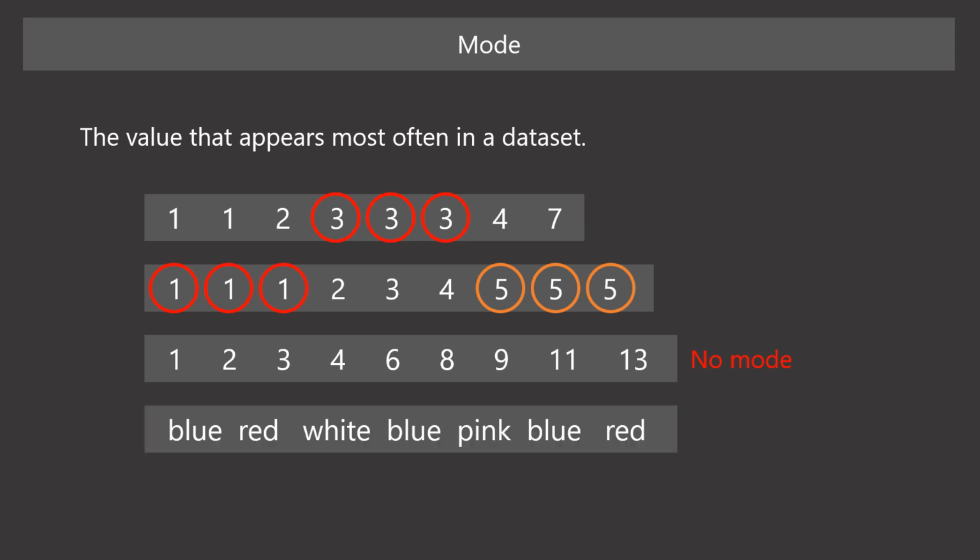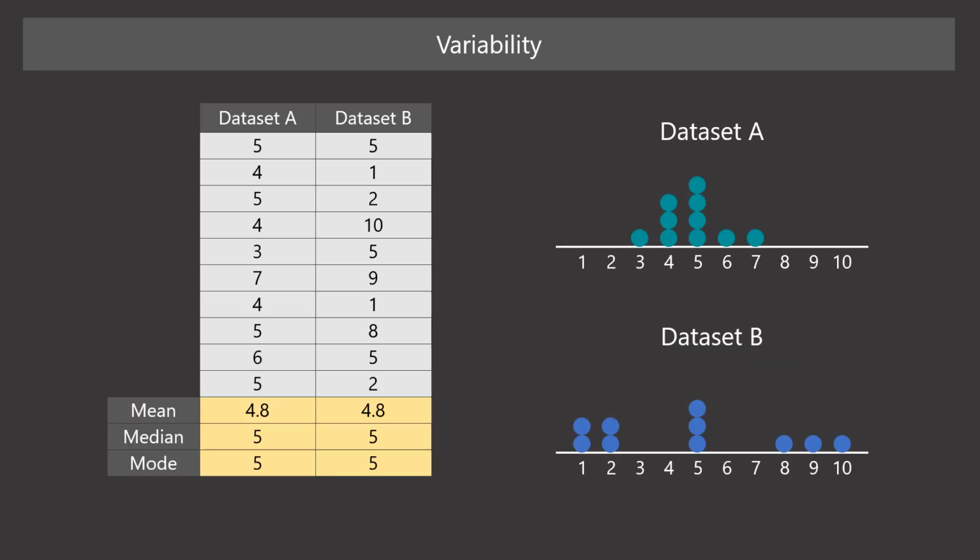While we cannot compute mean and median for categorical data, we can use the mode for categorical data also. However, central tendency is not sufficient to grasp the whole picture. Here, we have two datasets. These two datasets have the same value of mean, median, and mode.